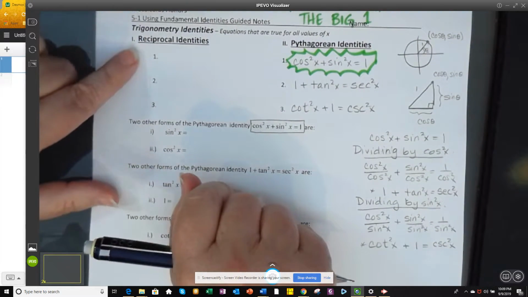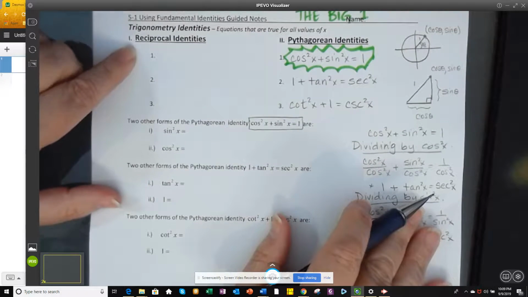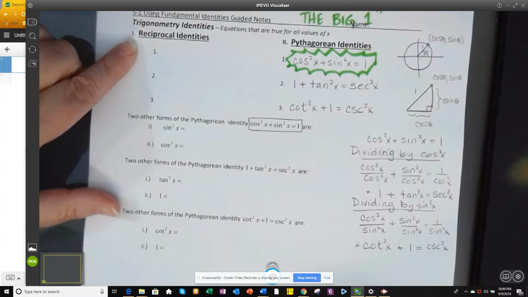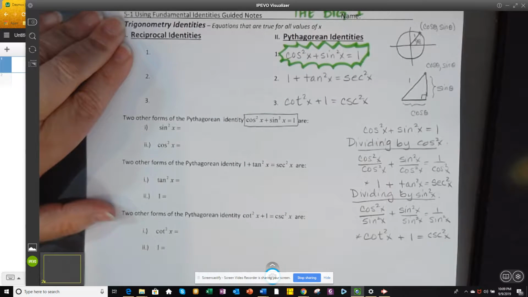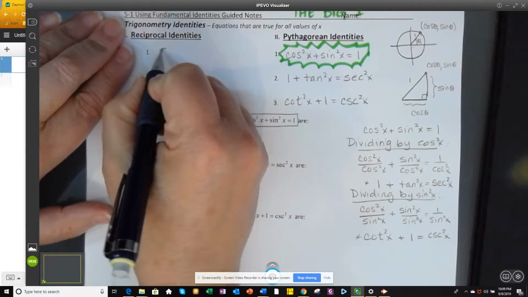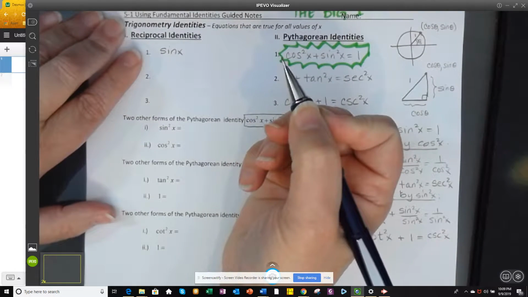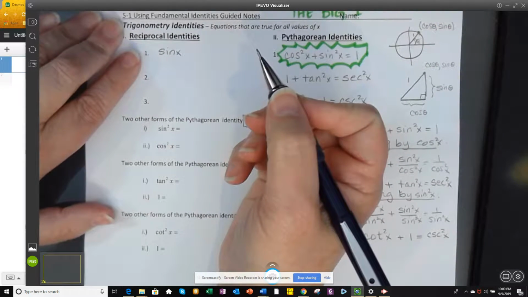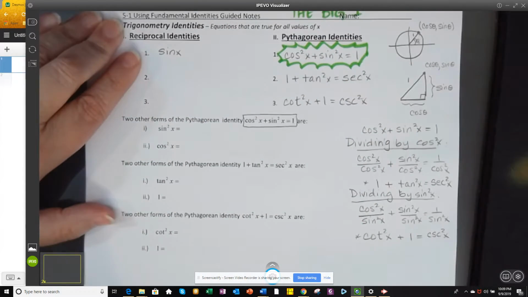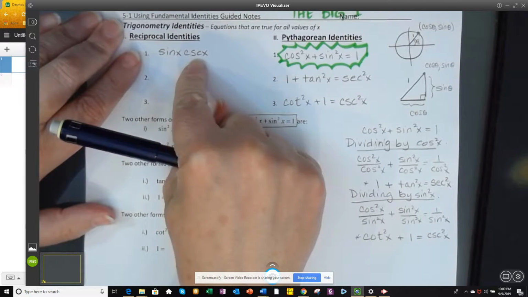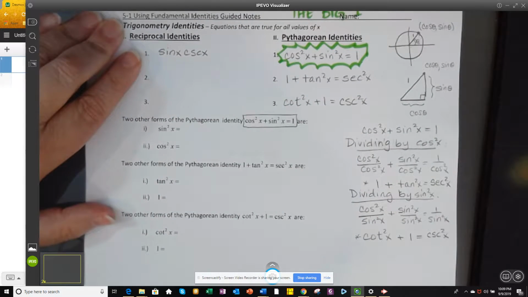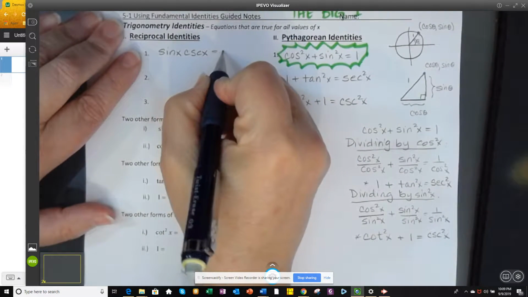So let's talk about some reciprocal identities. Now, what do I mean by that? I mean each trig function that we talked about before has a reciprocal. And when you multiply a number by its reciprocal, you get 1. So if I were going to multiply sine x by its reciprocal, which would be, I heard it in the back there. Yeah, okay, I heard it. It was cosecant x, because cosecant x is equal to 1 over sine x, and when you multiply something by its reciprocal, you get 1.